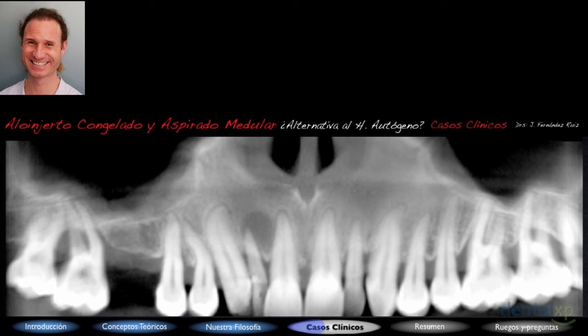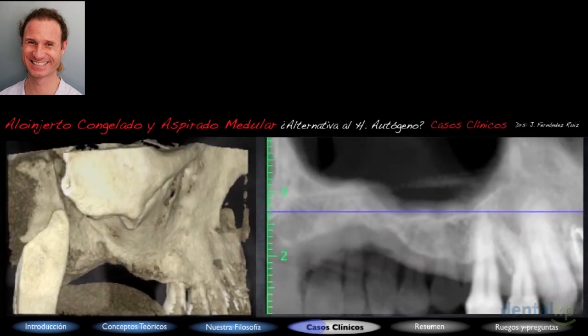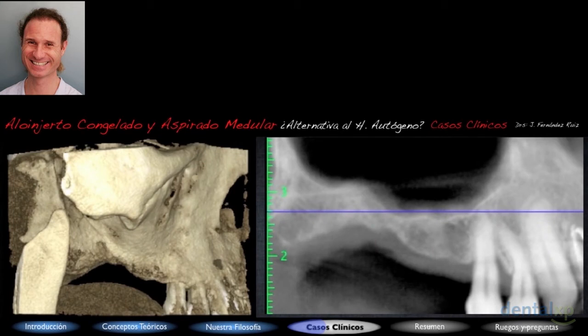We can see the moderate defect in the vertical component, and we will intend to gain a vertical and horizontal amount of bone.